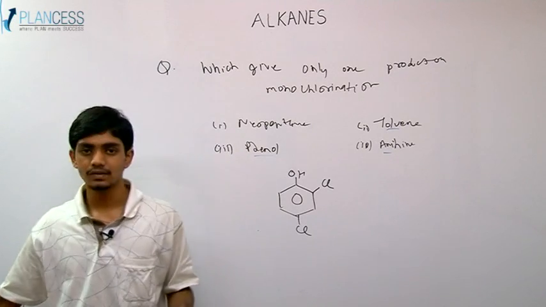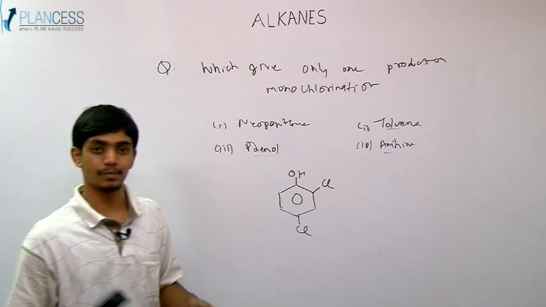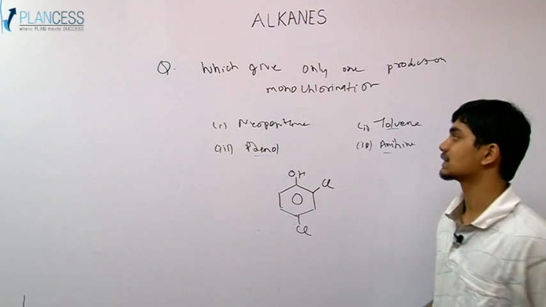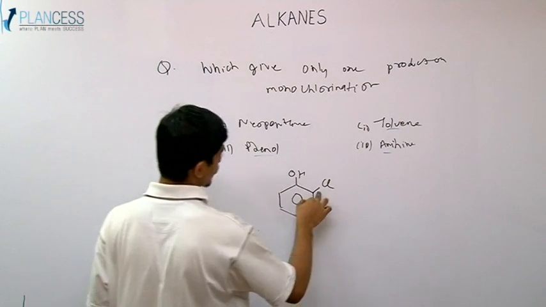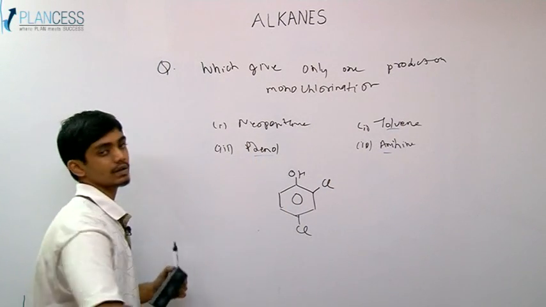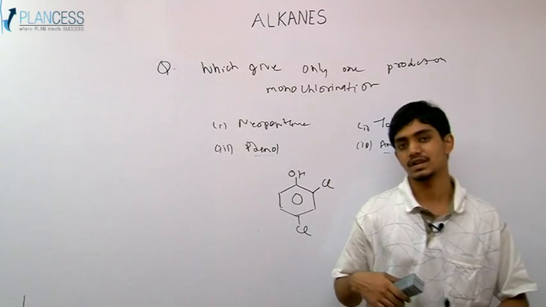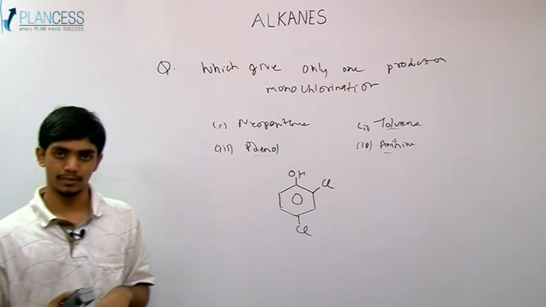So as we see here, two different positions or even three different positions are possible. So that means definitely there is more than one product possible. That is at the ortho position, at the para position, or at the meta position. But we will learn in further chapters when we study the aromatic compounds that only two of these products will be possible.